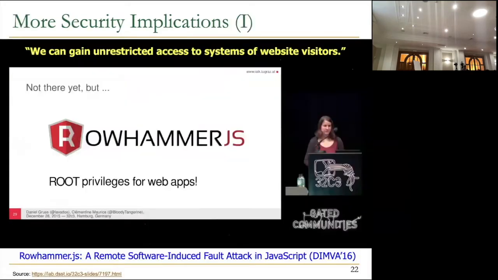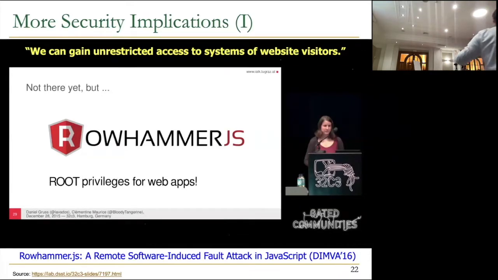Okay. So let me go over some interesting security works. There are many interesting works, but I'm going to pick and choose some of them. This is one of the earlier works where folks from TU Graz showed that you could induce these RowHammer attacks remotely using JavaScript on a remote server. They can essentially gain unrestricted access to systems of website visitors. It's very interesting, sophisticated. All of these attacks are probabilistic.